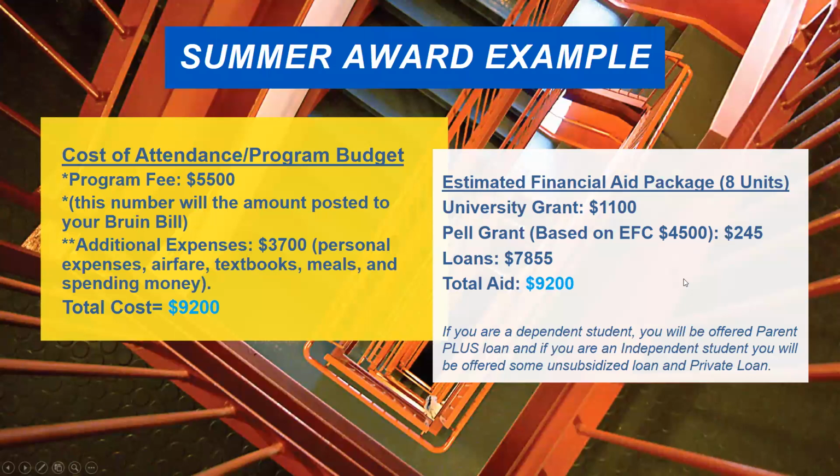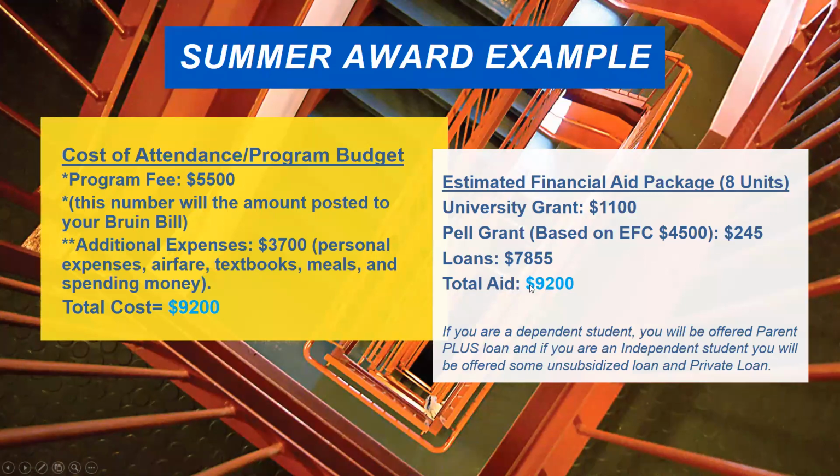Remember I said if it was 0, you get the full amount, but as the EFC goes up, the amount of Pell Grant that you're eligible to receive goes down. And as I said, we're going to award up to $9,200. So this student is going to get $2,000, well, in this case, it was $1,100 and $245.